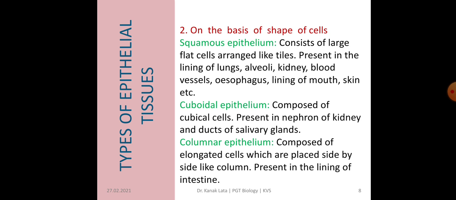As the name indicates, it is composed of cubical cells and present in the nephron of kidney and ducts of salivary glands. Third one is columnar epithelium. Columnar means column-like. So it is composed of elongated cells placed side by side like columns, and they are present in the lining of intestine.